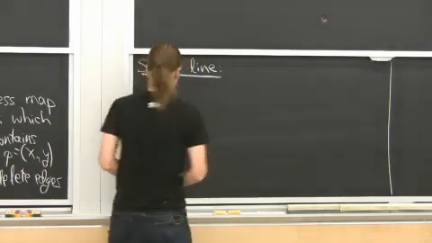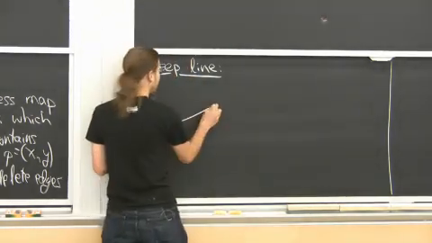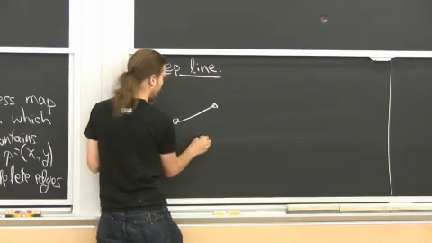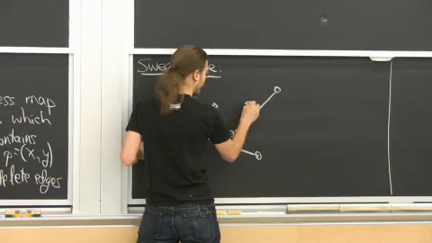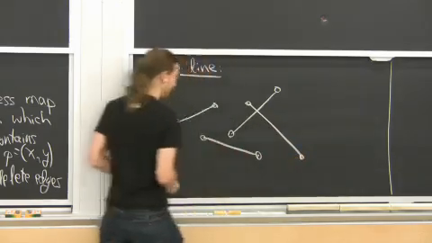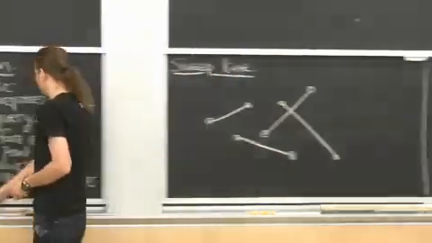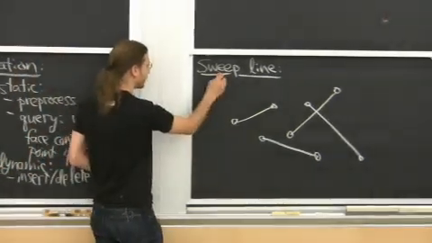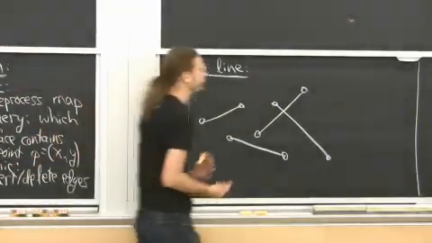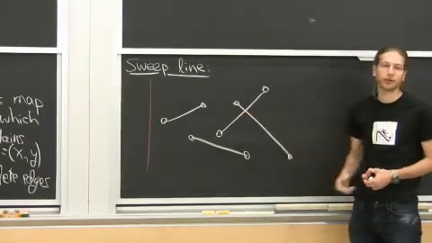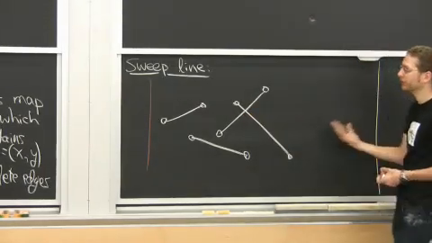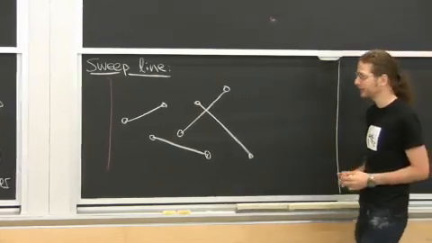So, sweep line technique. It's a very simple idea. Say you have some line segments in the plane, something like this, and I'm going to take a vertical line. So the algorithmic problem is I want to know, are there any crossings? Do any of these segments cross? This is where sweep line technique comes from, I believe.